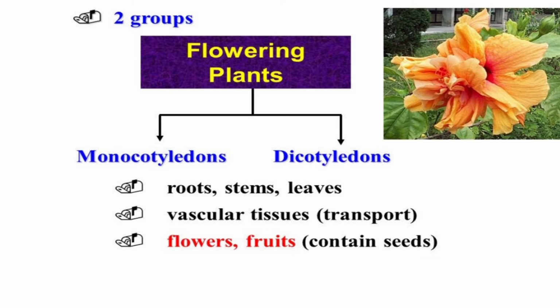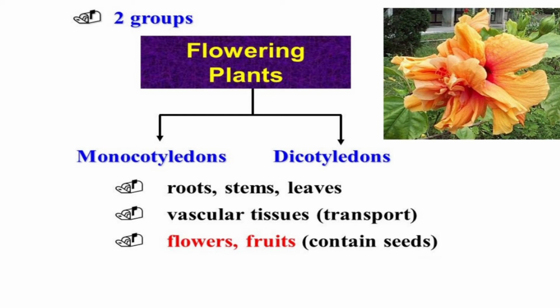So here some of the flowering plants are included in the category of phanerogams or flowering plants, which reproduce their offspring through seeds. It is obvious that such plants bear flowers, fruits, and seeds.